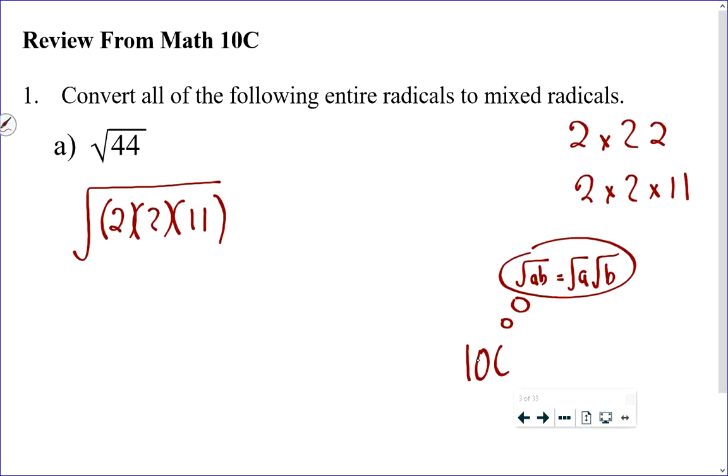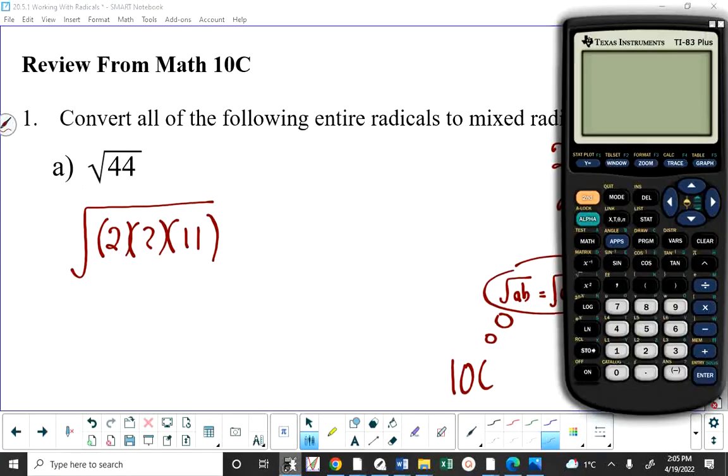In other words, if I said to you, what is the square root of 2 times 3? You can figure out that 2 times 3 is 6 and then go square root of 6 and look at a decimal approximation. Or you could take the square root of 2 multiplied by the square root of 3. Just to demonstrate that to you, even though this is 10C we're talking about here.